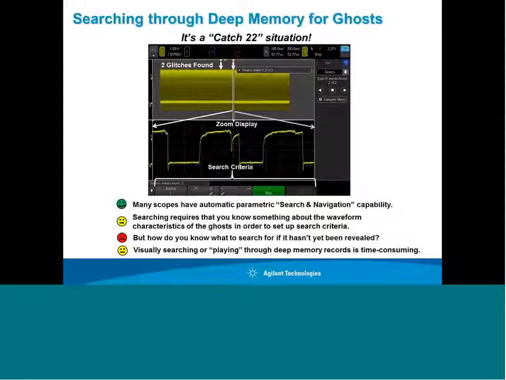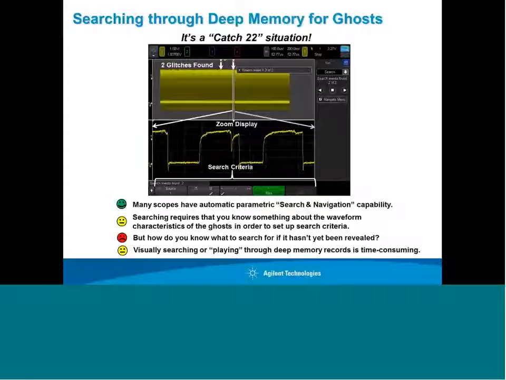But if you don't know that you have some sort of signal anomaly there, how do you know what to search for? In this case, I knew what I input the signal, I captured this, and I knew what to search for. This was one of these metastable state signals, and the scope found 2 of these metastable states, but I had to set up the scope to specifically search for it.